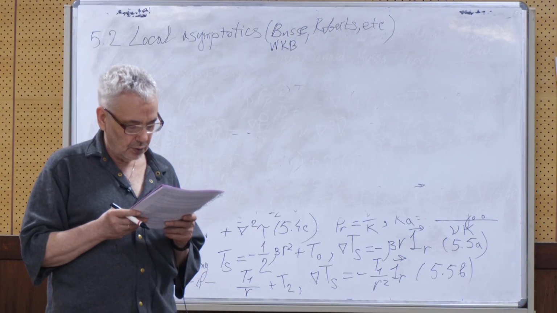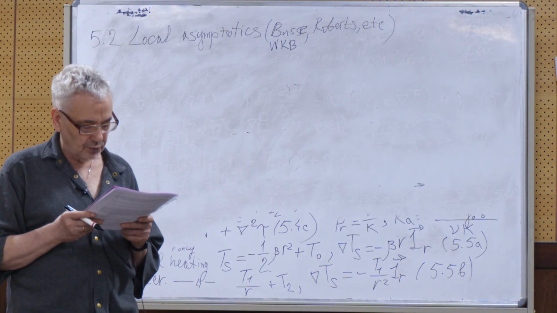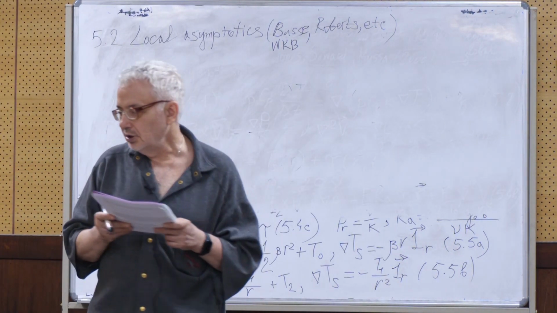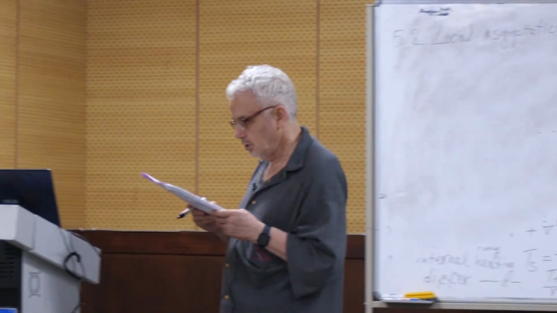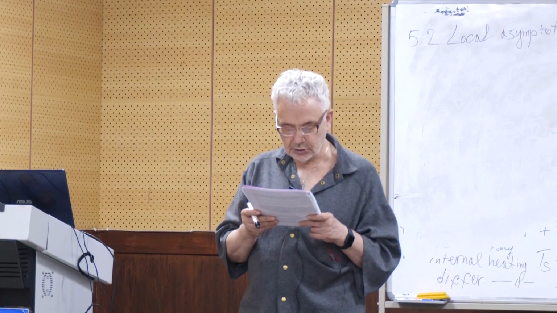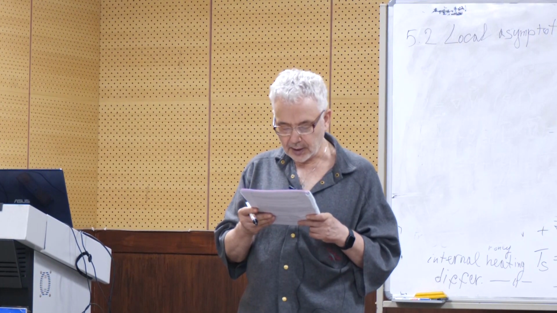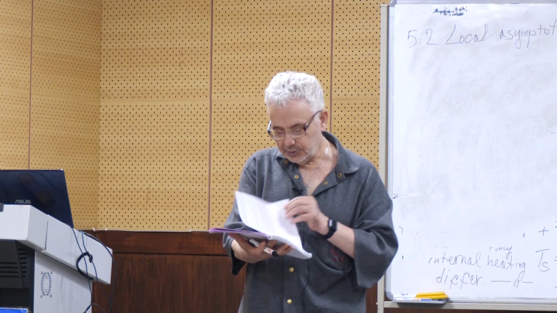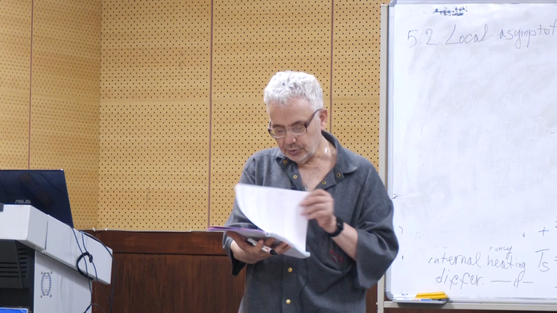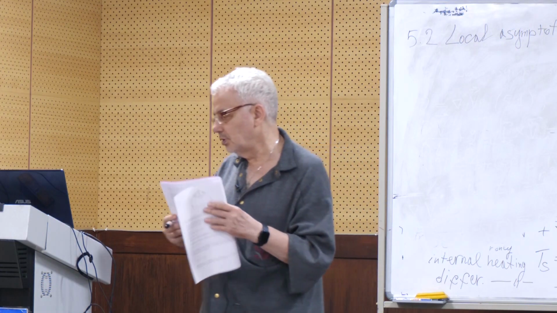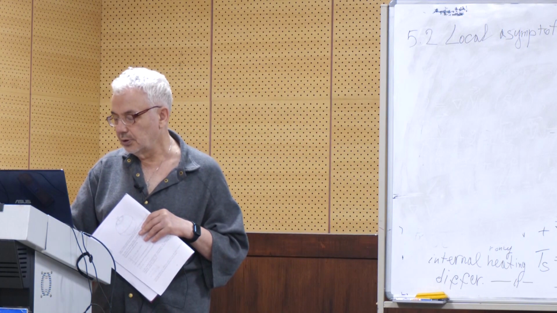A schematic view of marginal convection inferred from this asymptotic analysis is given in this figure of Busse. Convection is expected to take the form of an ensemble of Taylor columns aligned along a cylindrical surface coaxial to the axis of rotation, like this. Oh, there is no picture.